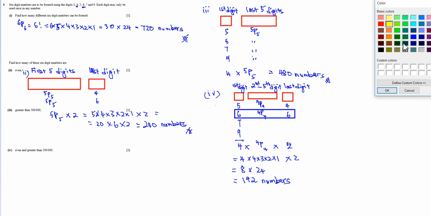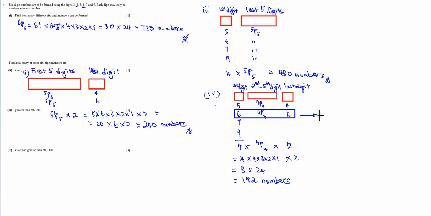How many numbers do you get from here? We have to minus this combination. The first one is 6, which is one choice, times 4P4 with the same logic, and then 6 here, also one choice, and that will give you 4 times 3 times 2 times 1, which is 24 numbers.